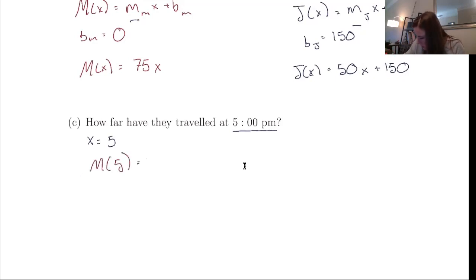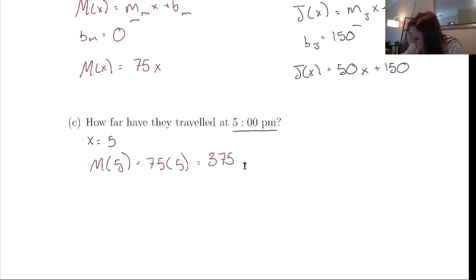All right, so 75, I'm just going to plug in 5. 75 times 5, that's 150, 300, 375. Yeah, 375.